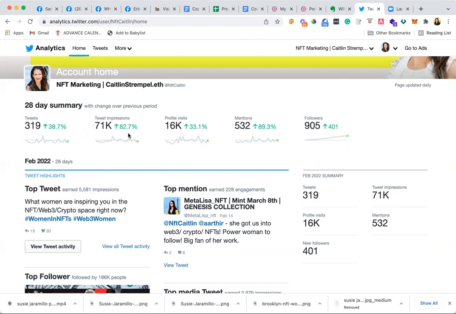So you can see the number of tweets and the tweet impressions. That's how many people have actually seen your tweets. They may not have liked it, they may not have commented, but they saw it, and they saw you, and they saw your message. So it's always going back to, people are watching way more than you think. So 71,000 people have seen my brand in the past 28 days.